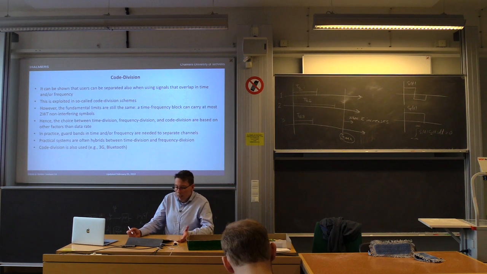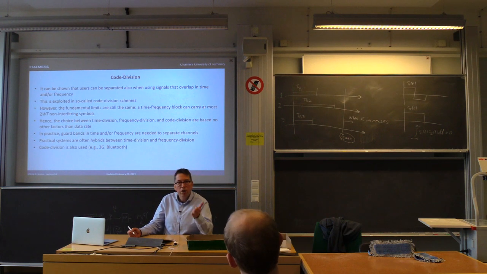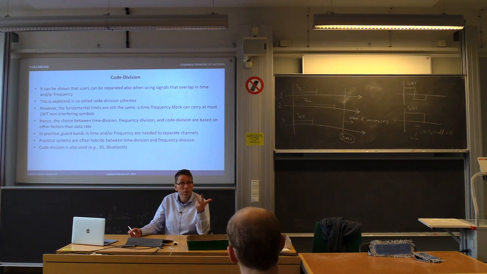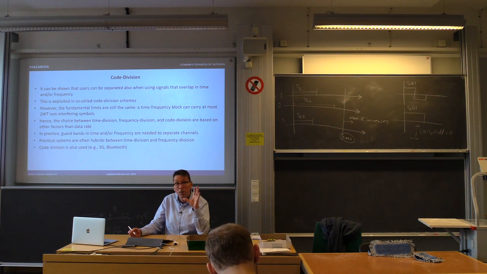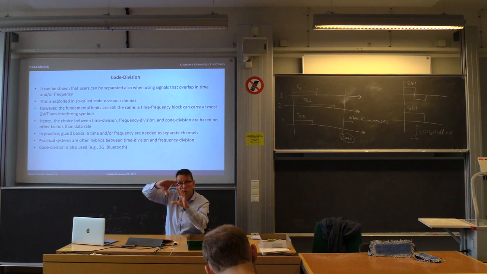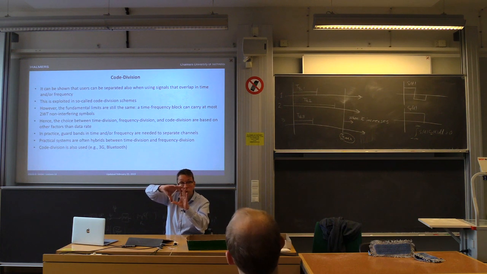My main message here is that when we do channelization, we can do that in time, we can do that in frequency, or we can do that in code. Practical systems actually use hybrids of these. So for instance, LTE, we split both in time and frequency at the same time, and then hand out different time frequency slots to the users. We can also use this in code division.